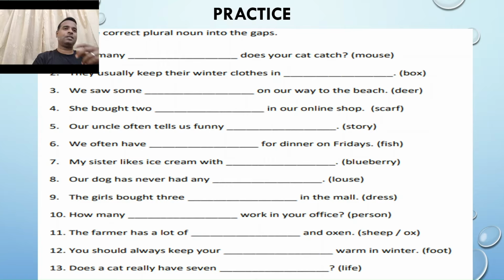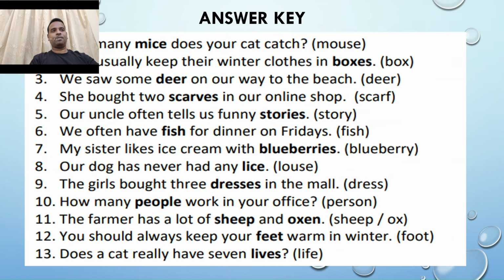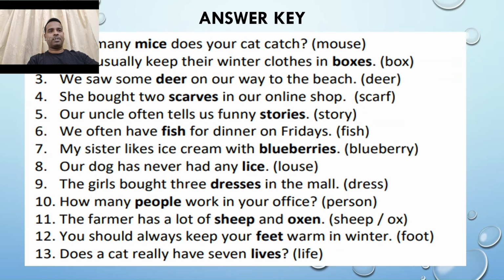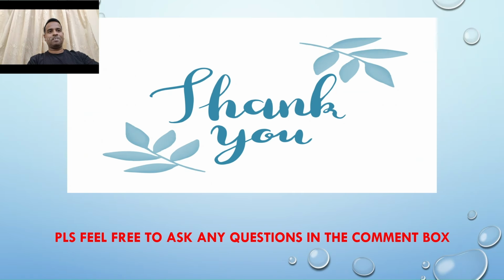Next question is, they usually keep their winter clothes in the box. So इसका answer होगा boxes. You can see, and please take a screenshot of this practice as well as the answer keys.